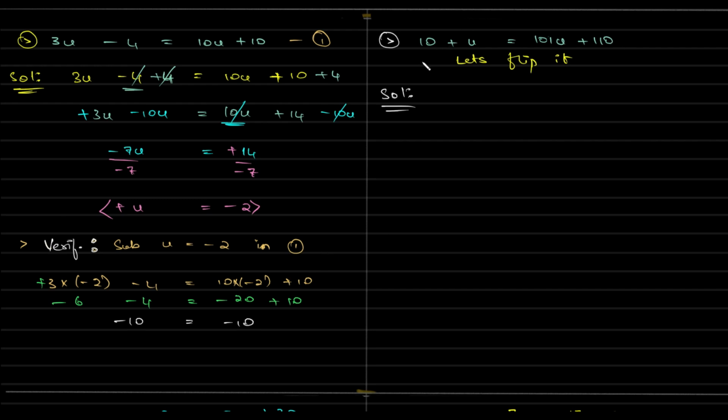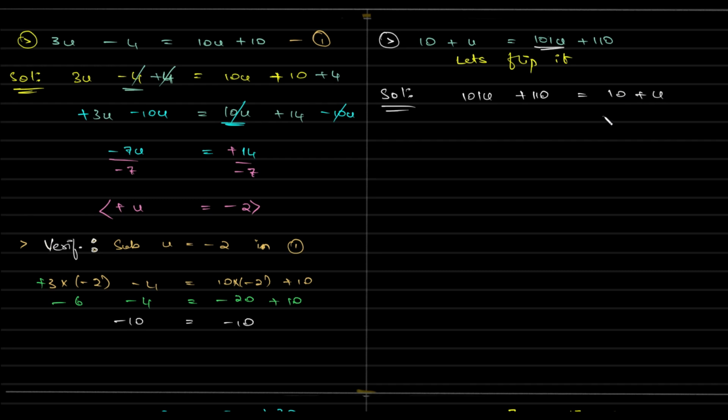See, in some of the cases, like the one you just saw, you can see that the right hand side has a bigger u or x or y or whatever it might be. So I got a negative 7 over here, but I want a positive answer, so that there is no confusion and I don't make any silly mistake. So you can flip the question, right? You can always flip the question.